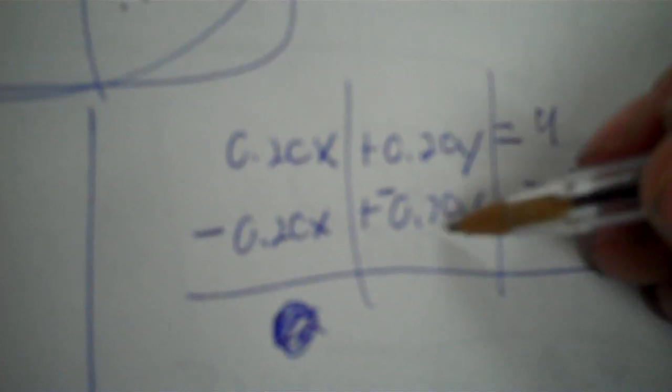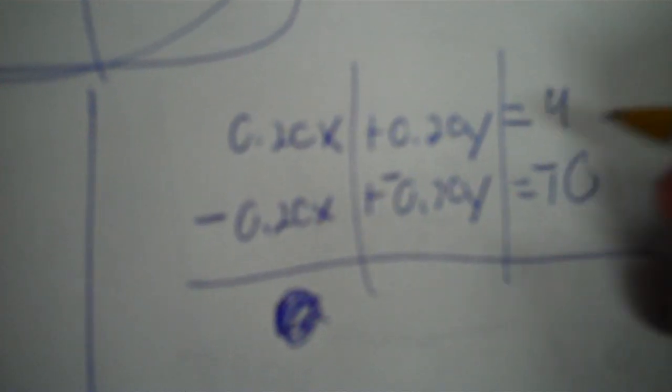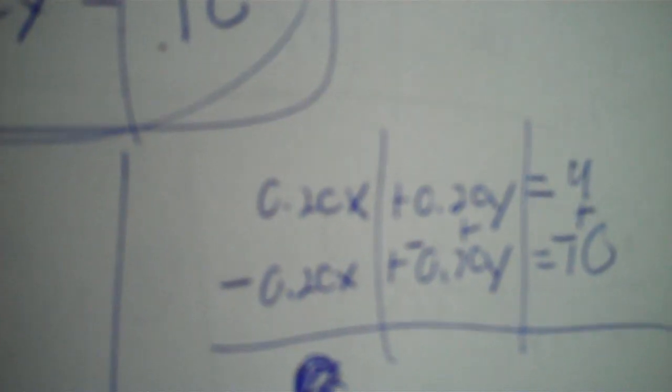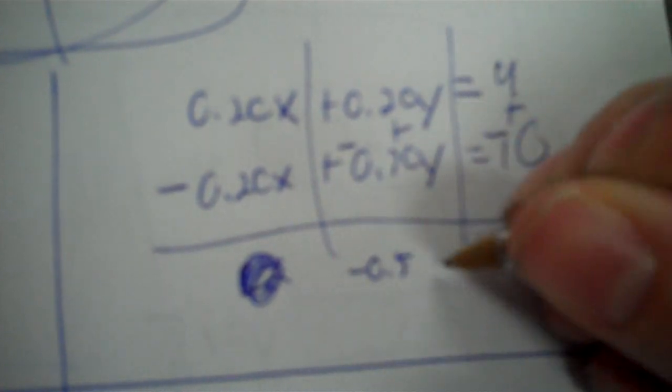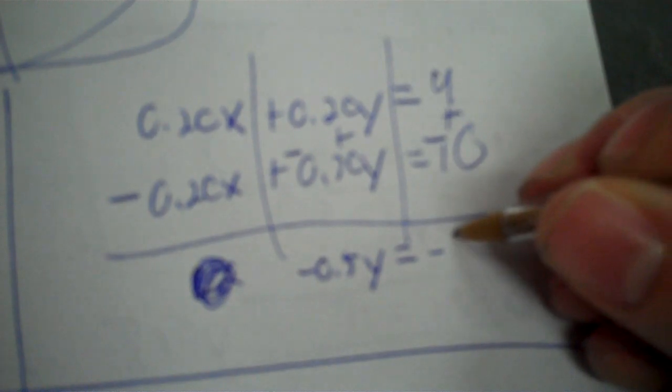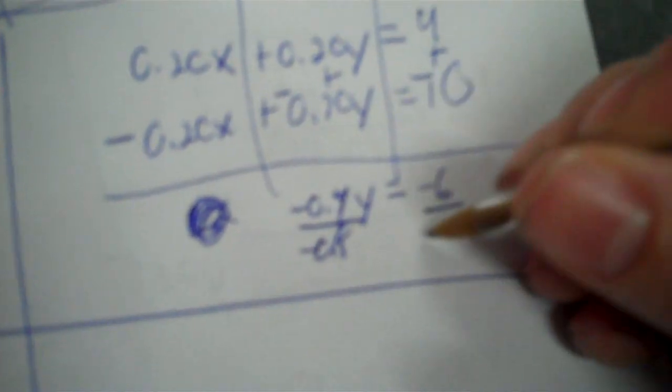Okay, let's negative this out so that the x's cancel. Then you add these amounts, it's going to be negative 0.5. Now, I don't need any people screwing it up trying to do it in their head. 0.20 plus negative 0.70 is negative 0.5. 4 plus negative 10 is negative 6, and I divide each side by negative 0.5. 12.